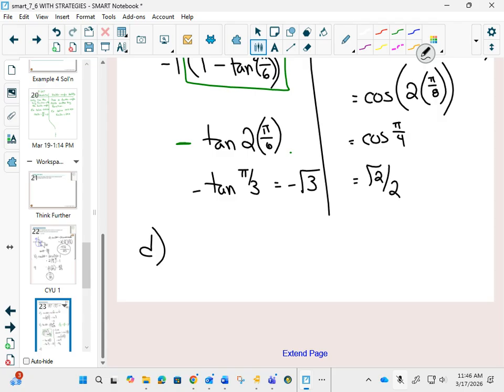I want you to evaluate sine of pi over 12 times cos of pi over 12. Remember pi over 12 from yesterday? By the way, pi over 12 questions when they're on tests or on the exam are usually out of 4 marks. Sometimes they put them out of 3.